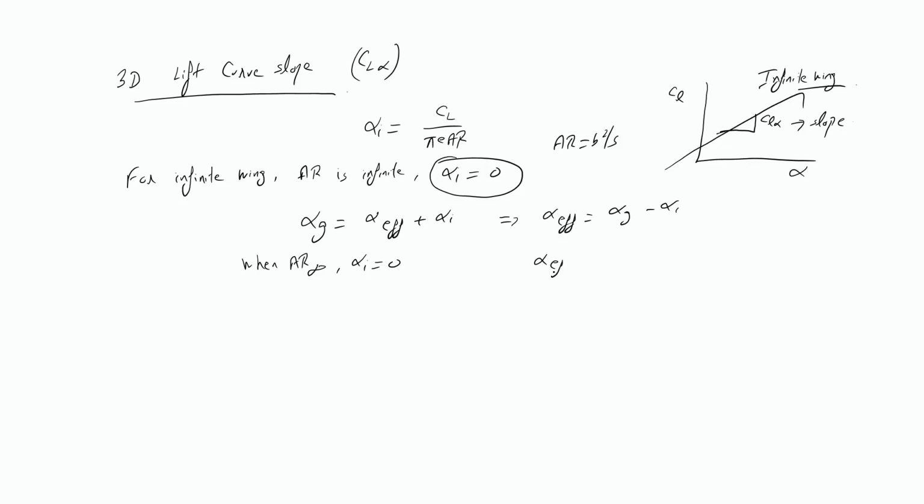So that means the effective angle of attack will be exactly equal to the geometric angle of attack. Okay, is that clear? Now let me draw a plot for this.